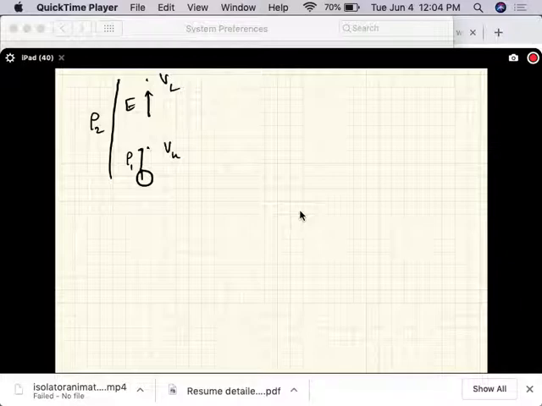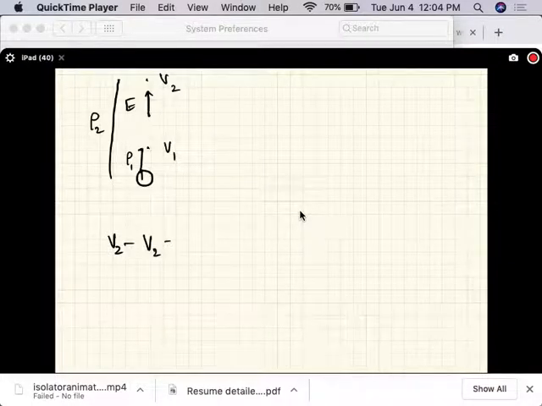So let me relabel this. We'll call this V1, V2. Check your notes: V2 minus V1 is the negative of this line integral.